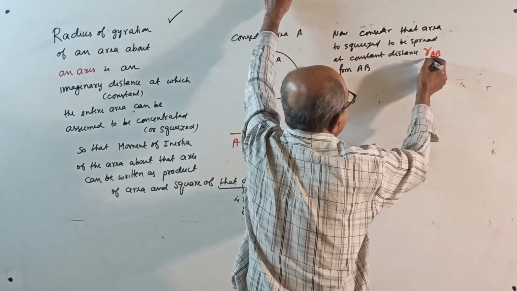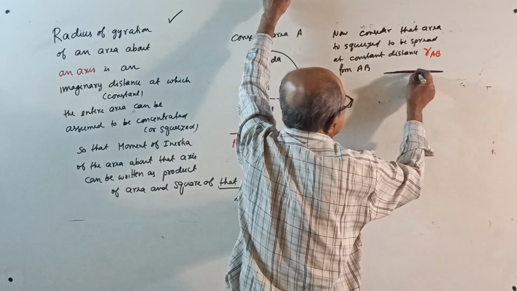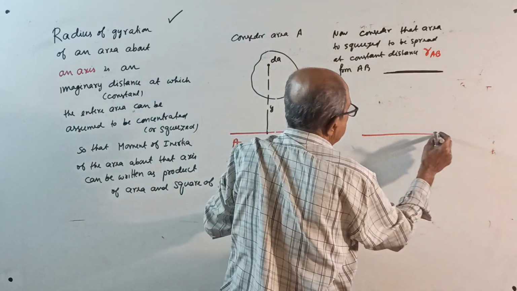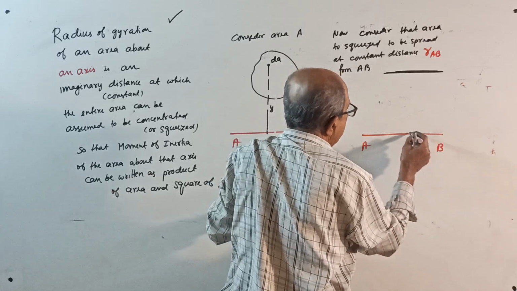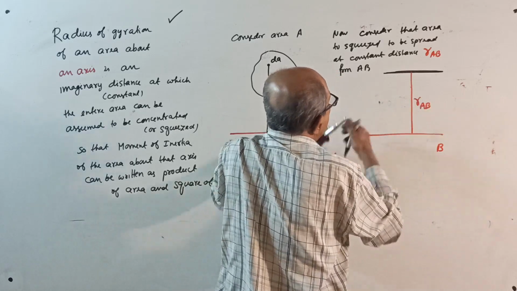How? See, this way, somewhere here. This is AB. This is your R_AB. Area is A.